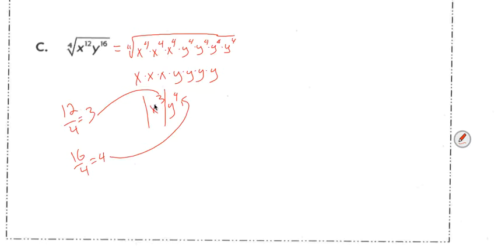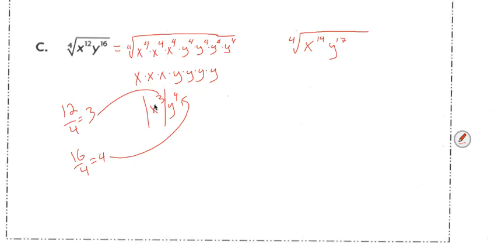Let me quickly make up a different example and show you what happens if we've got some stuff left over. If we were trying to do the 4th root, we'll do that again, of x to the 14th and y to the, let's go with 17th.